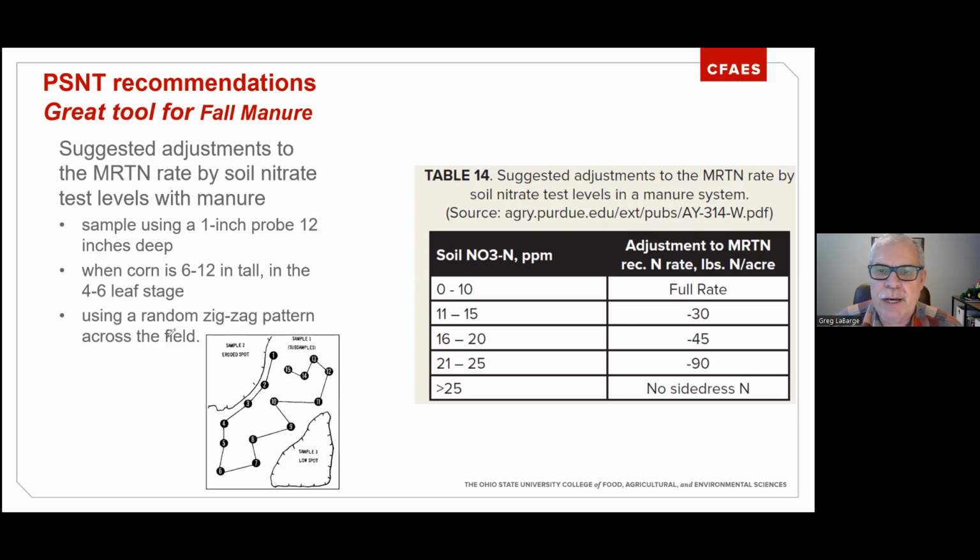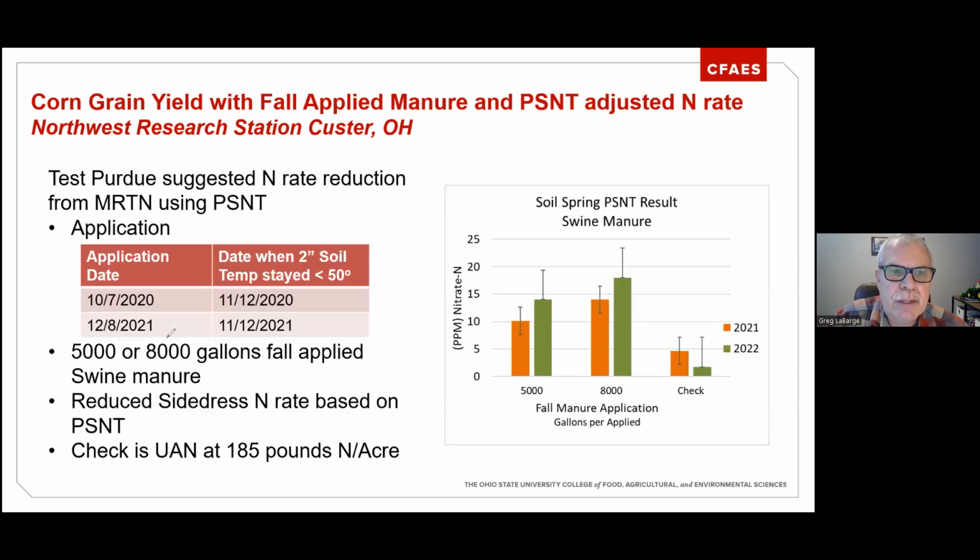So if we have a 14 parts per million soil test nitrate level, we would talk about taking that 170 MRTN rate and making it 140 at side dress. We have an opportunity to adjust and utilize the nitrogen within that manure application by going in and evaluating it right before side dress.